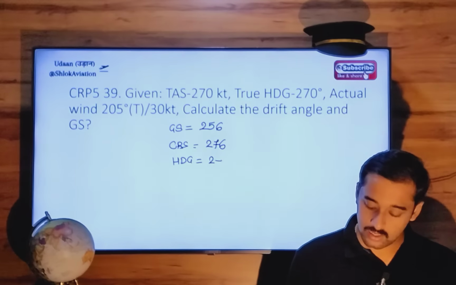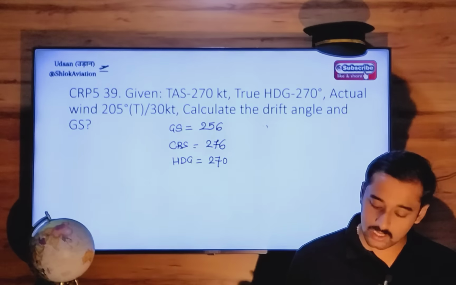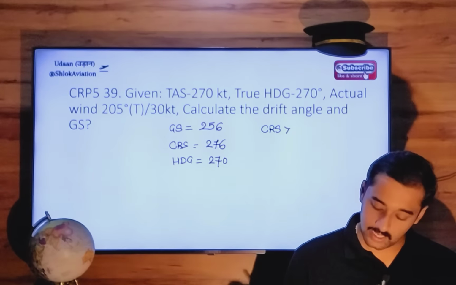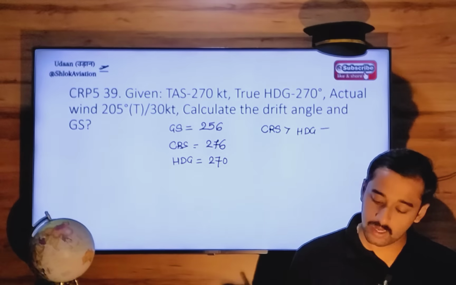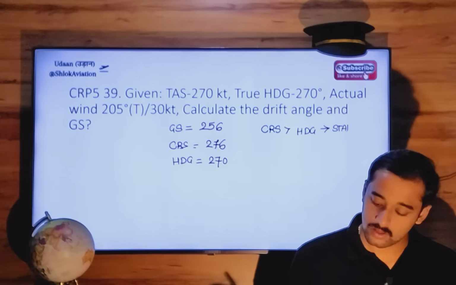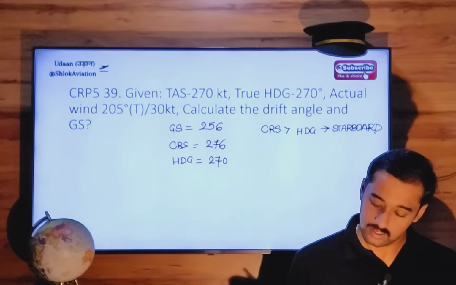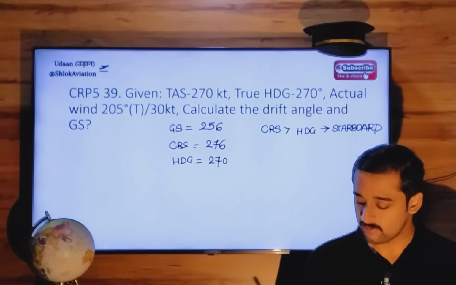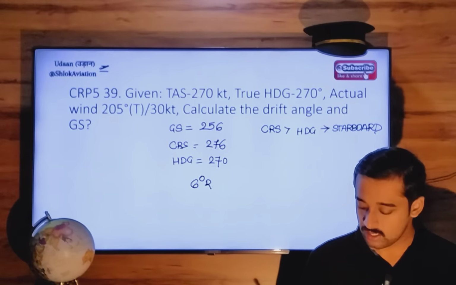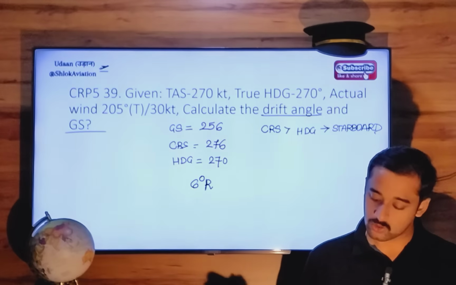Now whenever course or track is more than heading, you experience what kind of drift? You experience starboard drift, right? So here you are getting a starboard drift of 6 degrees right. So what is drift angle? It is 6 degrees right. Ground speed is 256.